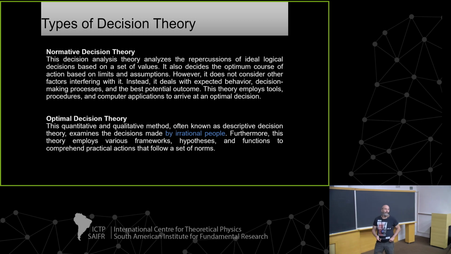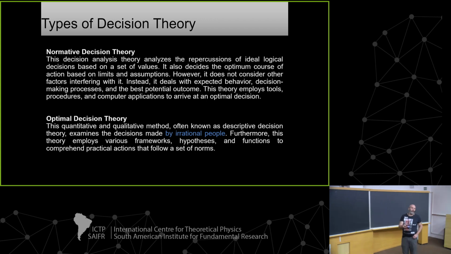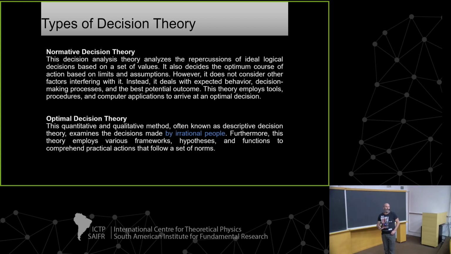But irrational people, and just to close it, irrational people are not taking decisions randomly. Not necessarily. It could be, but also, it could be that they are not behaving in a random way, but you cannot anticipate the behavior. That's the point.